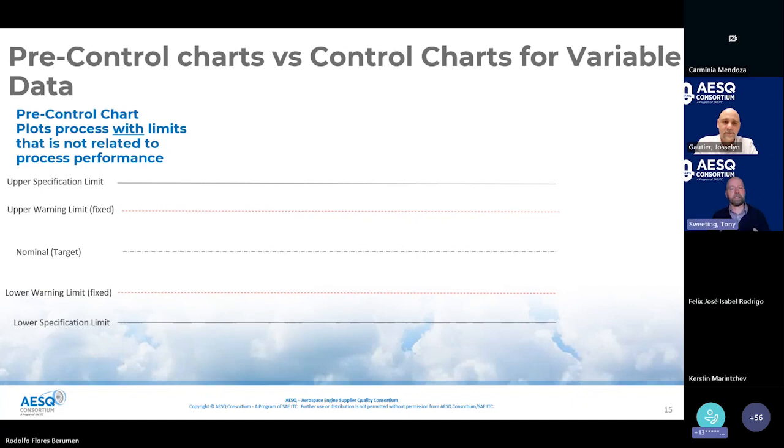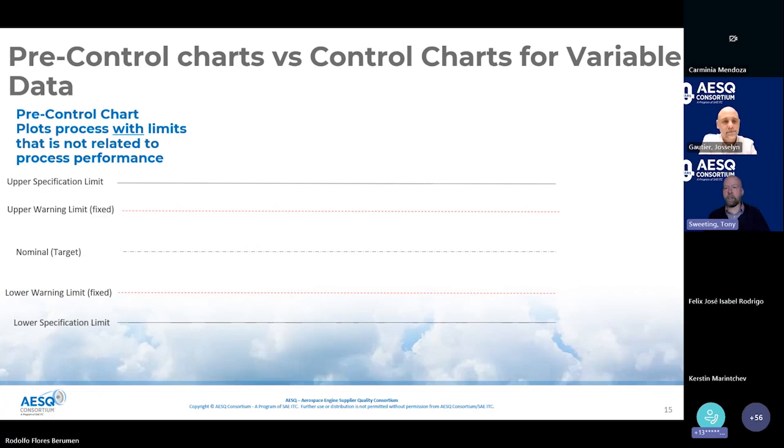They are significantly different. As it says here, pre-control charts are process limits that you've defined based on, more than likely, a definition or a spec from the drawing itself. If it was dimensional, it would be the drawing, and we would say approximately 50% in.